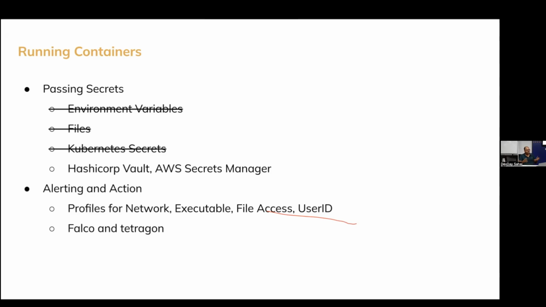If you build them up over time, tools like Falco and Tetragon will be able to stop anomalous behavior. Let's say someone has injected crypto mining malware into your container. If you are running Falco there, it can detect, based on your executable profile, that this is not the executable that usually runs.